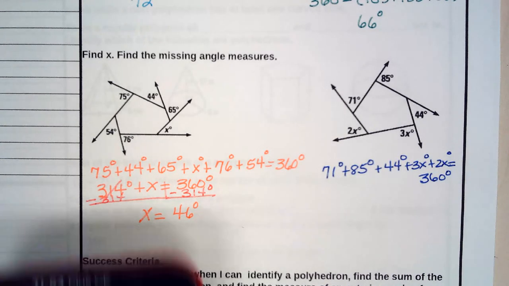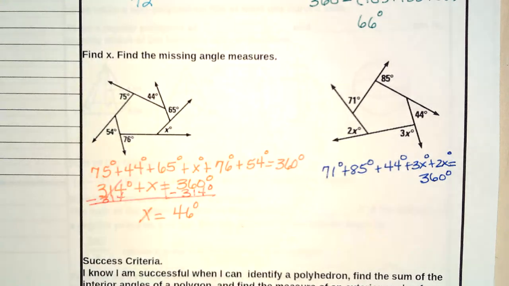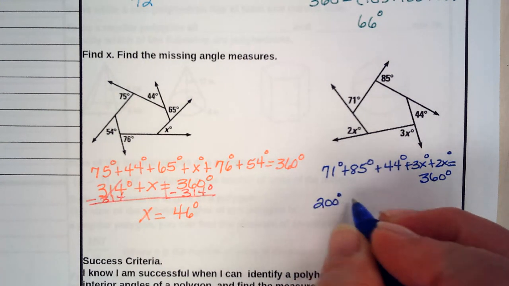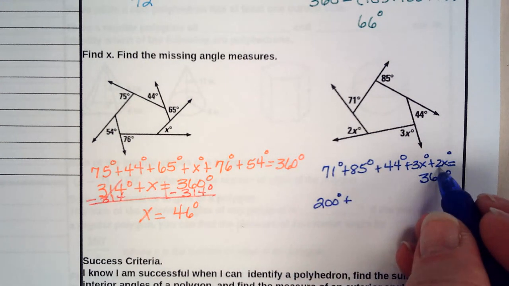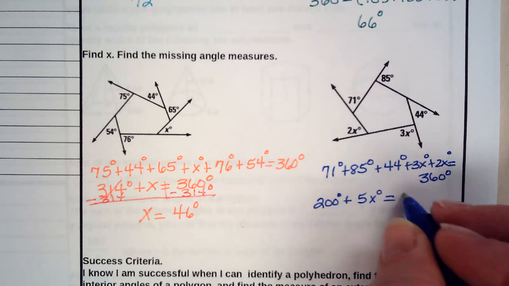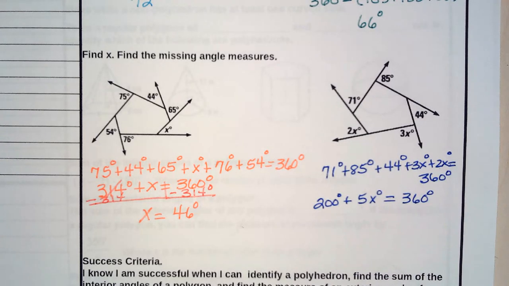So what is 71 plus 85 plus 44? That's 200. 200 degrees plus 3x plus 2x is 5x is equal to 360 degrees. Now I'm ready to solve.